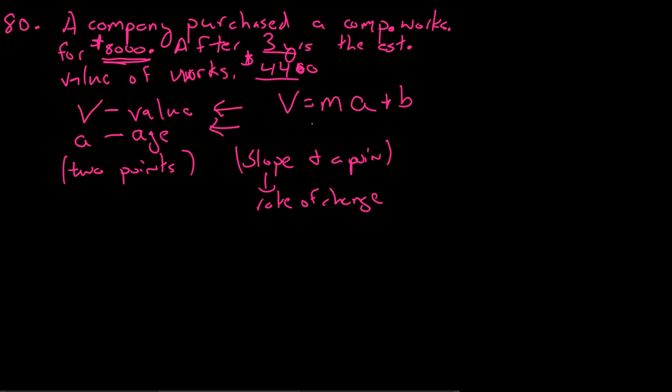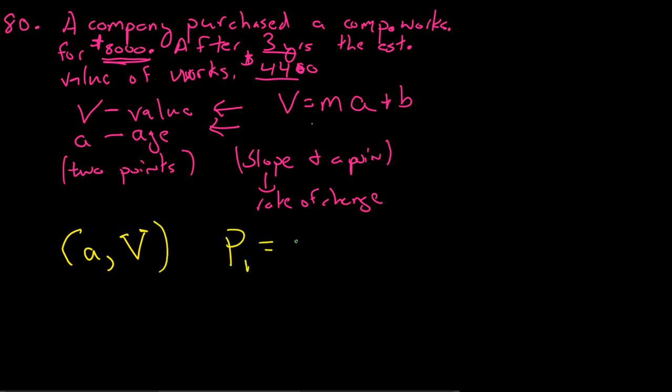And so my points are going to look like some value over age. So point 1, well, my age, whoops, I did it backwards. It's x comma y, a comma v.